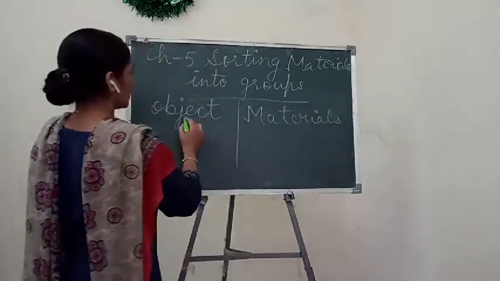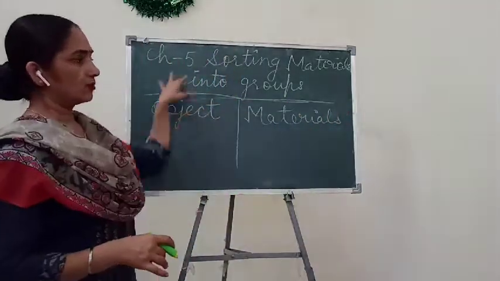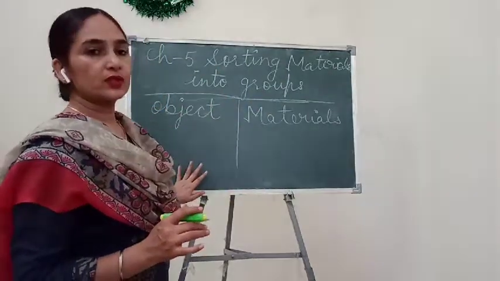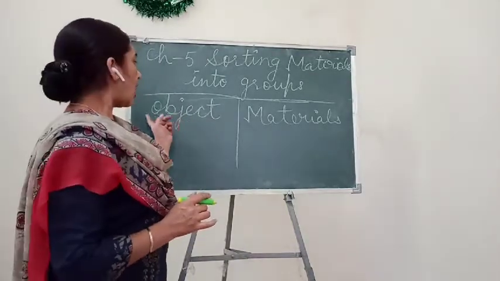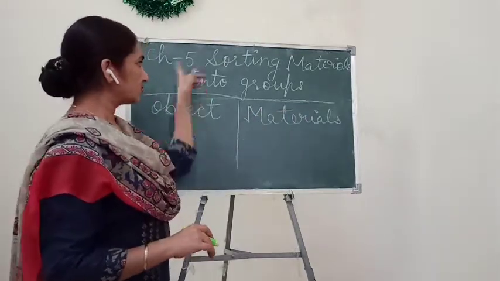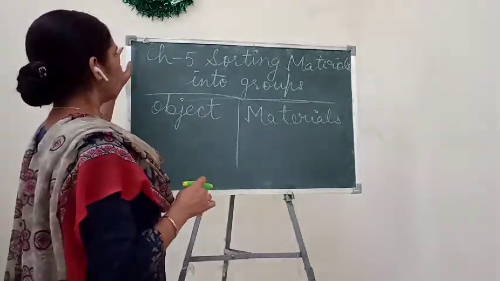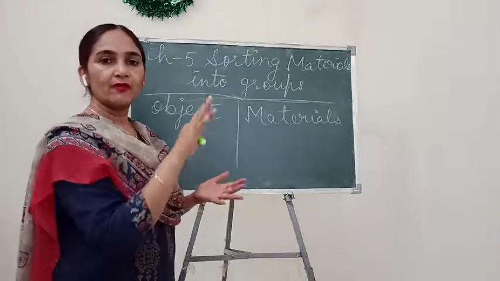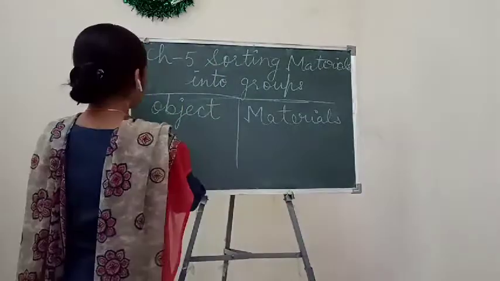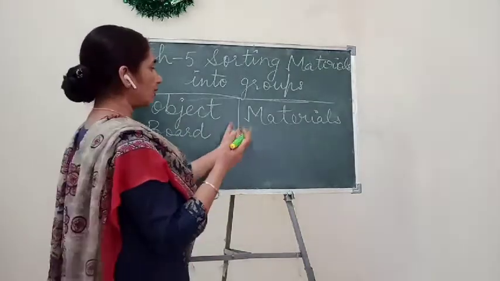For example, we can take the example of this board. Suppose I am taking this board as an object. How many materials are used in this full board? Let's see. This is an iron sheet, and on the iron sheet they have painted black. So here I am writing board, and the board is made up of how many materials?